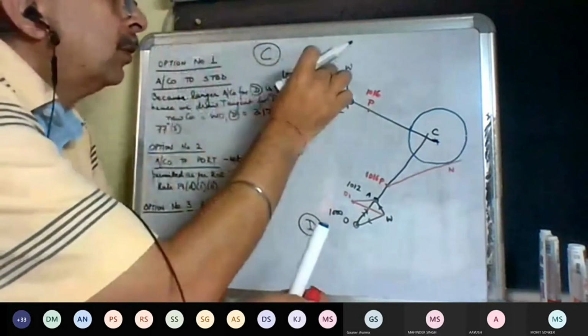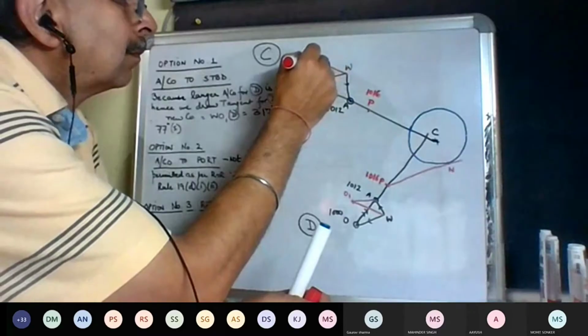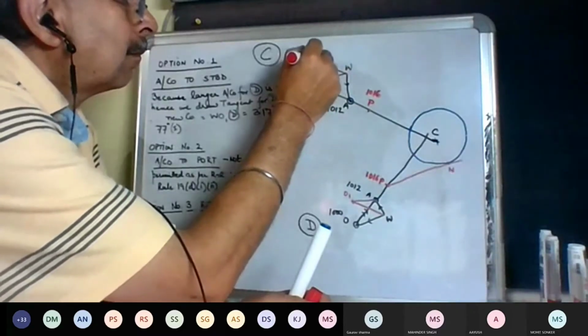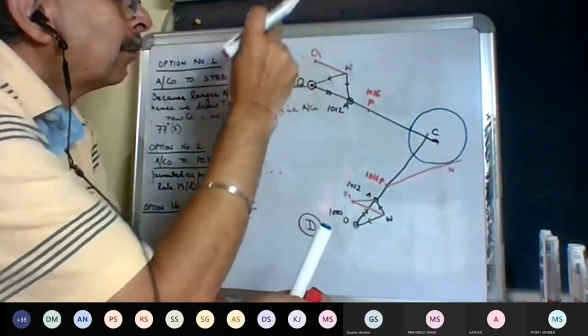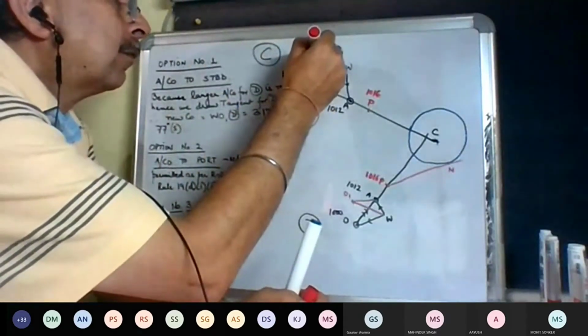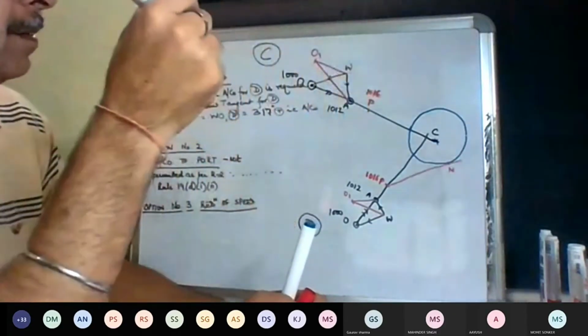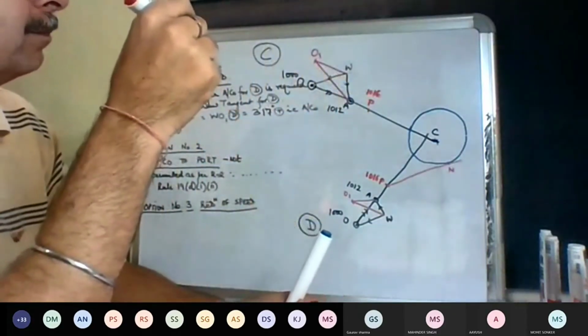Speed is the same, so WO equal to WO1. Join O1A. Please remember nomenclature remains the same.